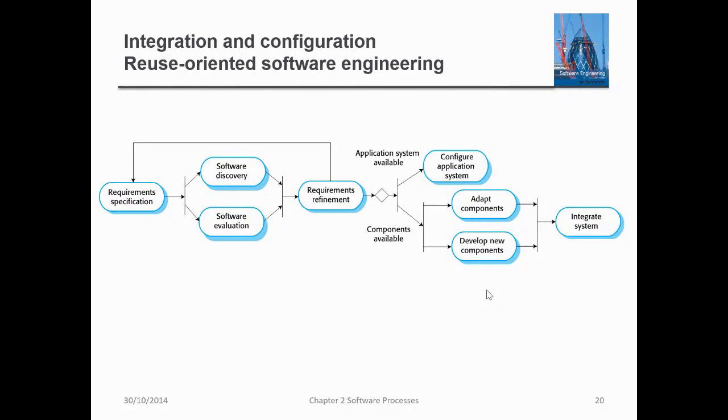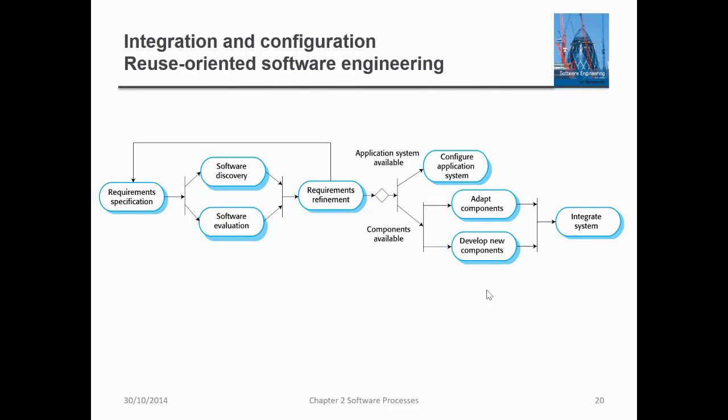So in the integration and configuration model, you look at what the requirements are, and then you search for what software is out there that can do the job and evaluate how well it does the job. Then you go back to the requirements and say, okay, well, do you really need it to be done this way? The software handles it in this manner.